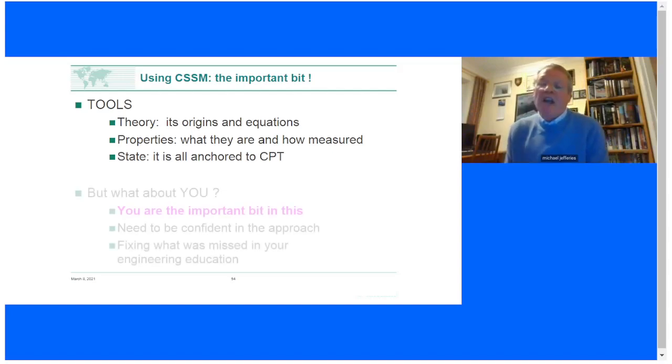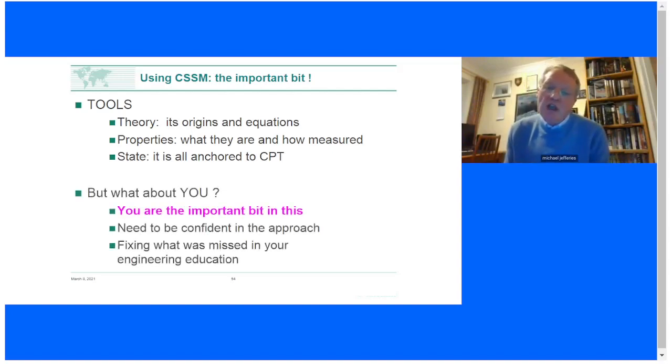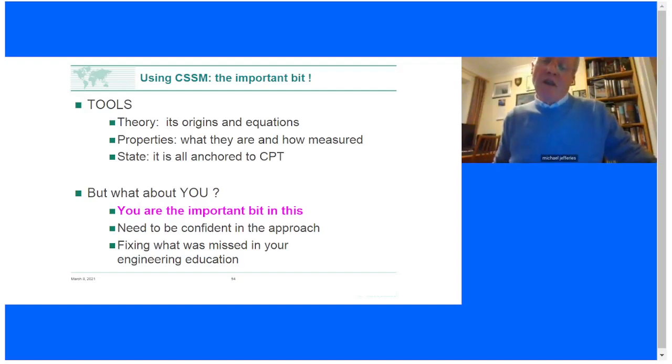But what about you? You folks are the important bit in this. You need to be confident in your approach, and we need to fix what's been missed in your education. I've given this talk a number of times, and people follow along on every slide.